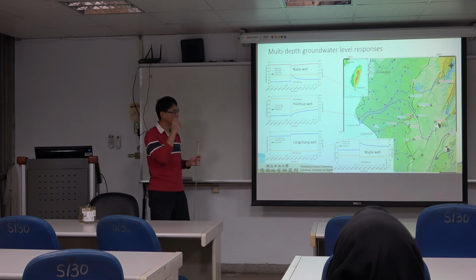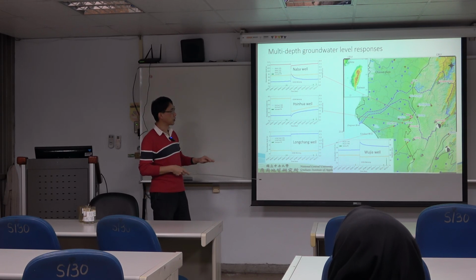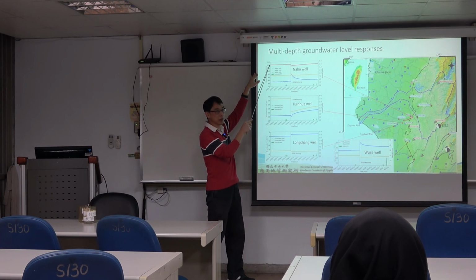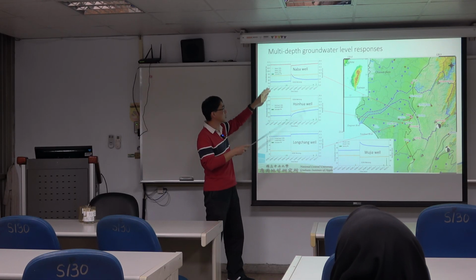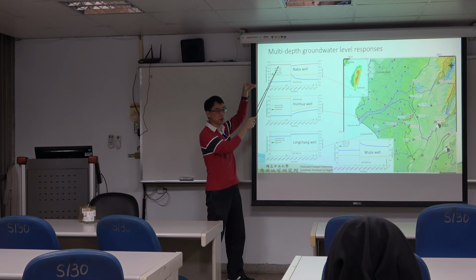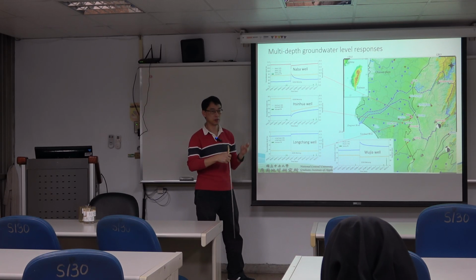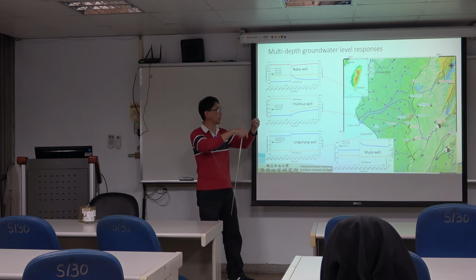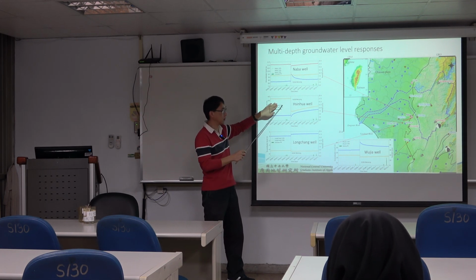They look like upward flow systems, because this is water level. We know that water flows from high head to low head, so your flow pattern in the vertical direction is from the deeper to the shallower, because the deeper has high head and the shallow has low head. So they have the pattern from deeper to shallow, and this is the same.